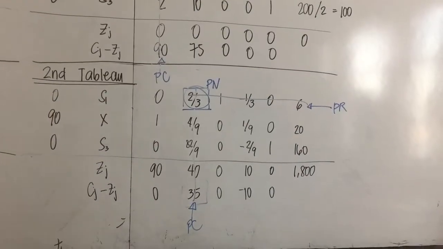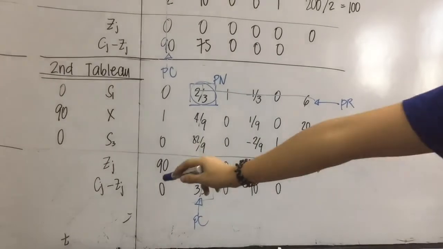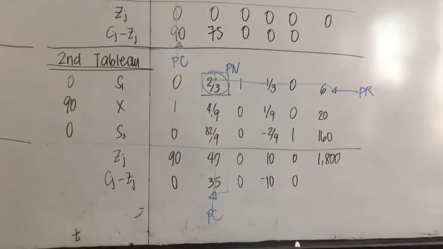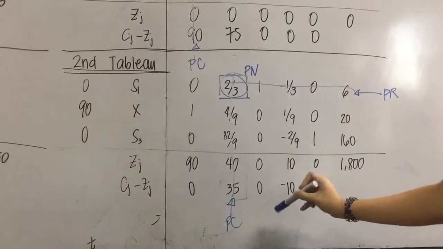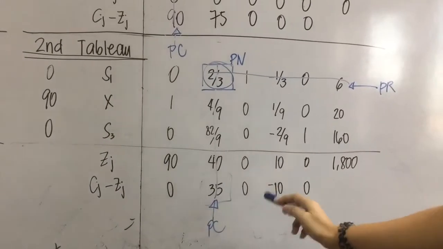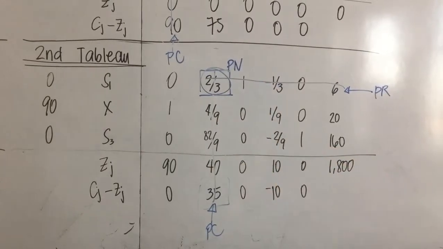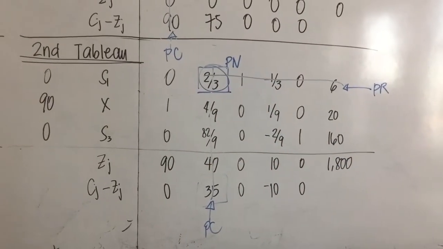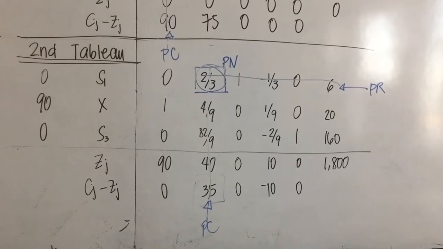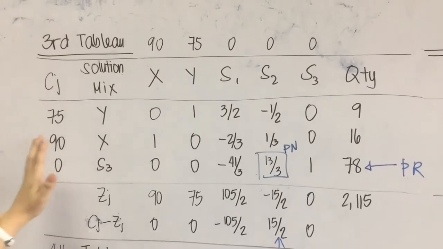You know that we have obtained the optimal solution if the Cj minus Zj values are all 0 or negative values. But in this tableau, we still have a positive number, which means we have not yet attained the optimal solution. Therefore, we have to formulate another tableau until we get 0 and negative values for Cj minus Zj. This is now your third tableau.